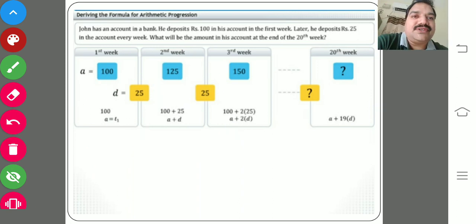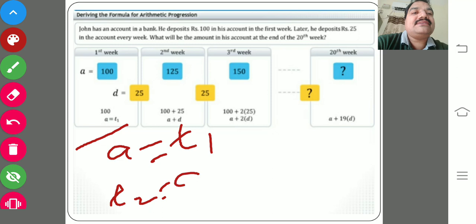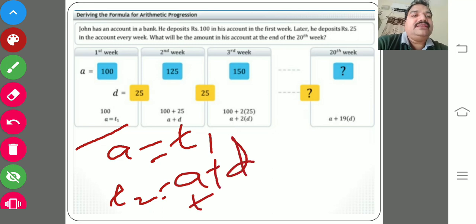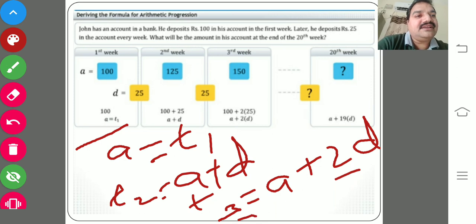You just observe the first week, A equal to T1. In the second week, T2 equal to what? A plus D. In the third week, A plus 2D. You observe, children, here 3, here 2.